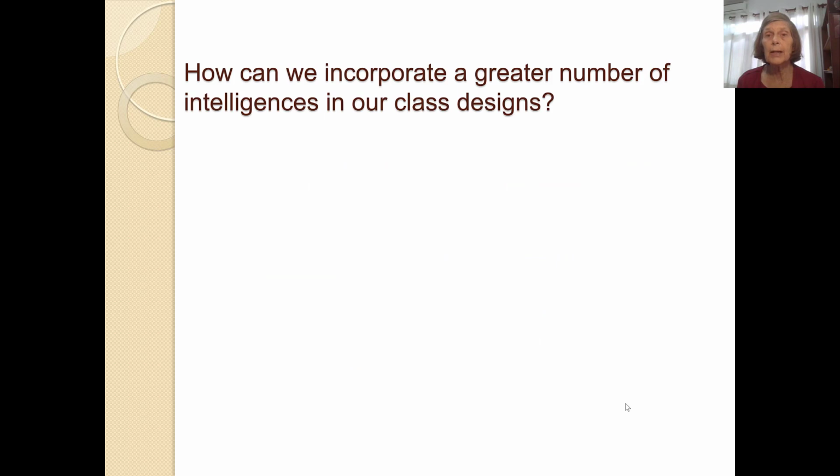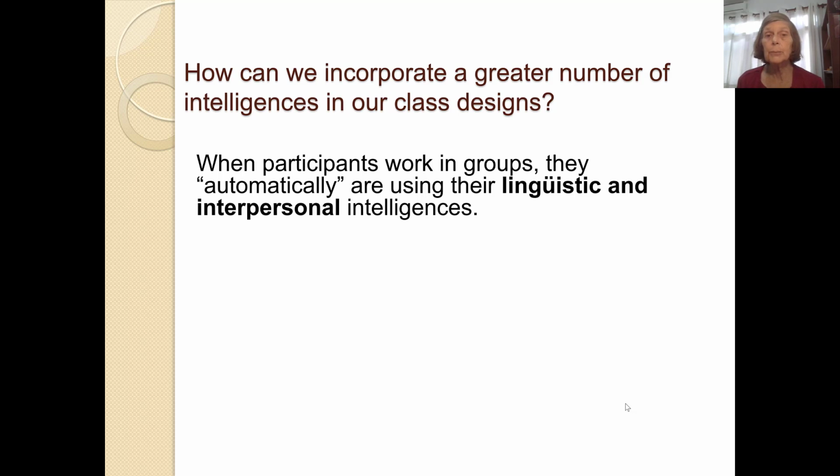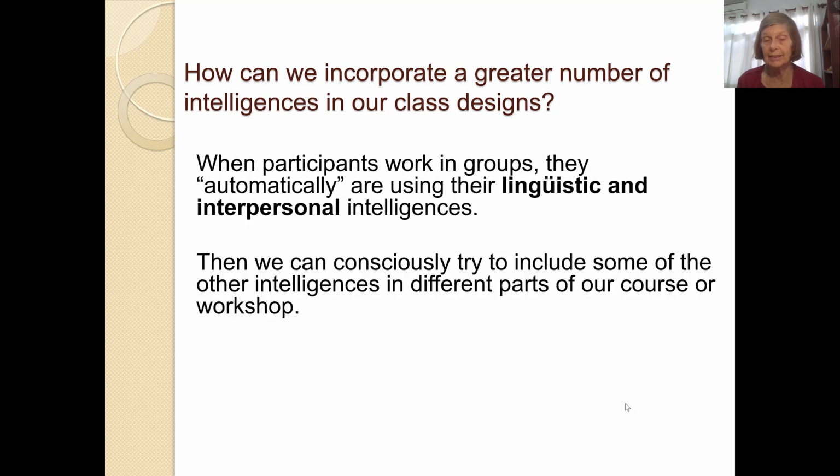So how can we incorporate a greater number of intelligences in our class designs? When participants work in groups, they automatically are using their linguistic and interpersonal intelligences. Then we can consciously try to include some of the other intelligences in different parts of our course or workshop.